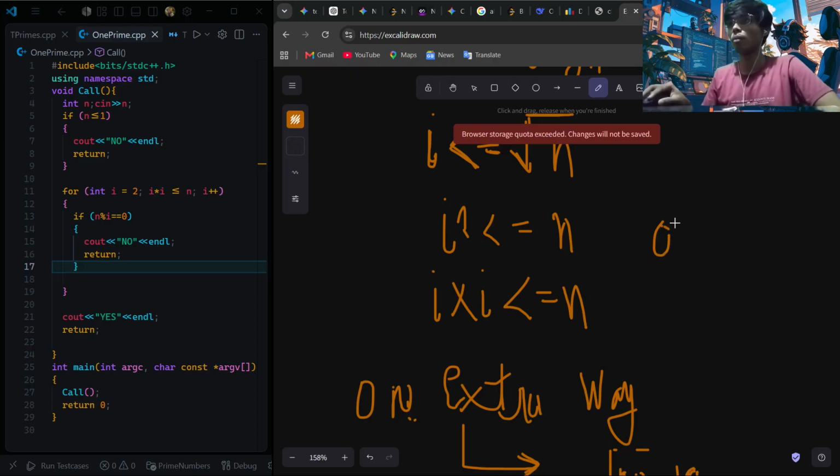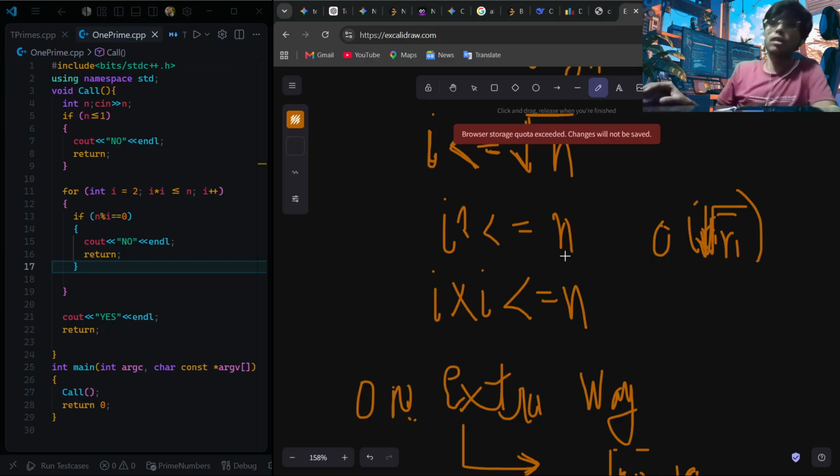And what is the time complexity of this? The time complexity will be big O of under root n. Hope you understand it. So this is the optimization, but this is not the end. We will learn one more optimized way of checking a prime number.